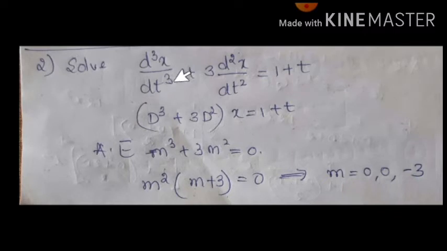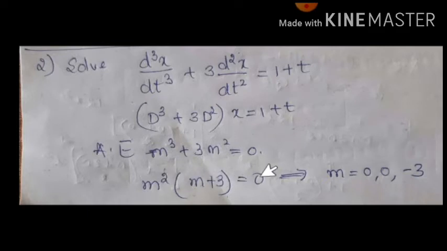Write the differential equation using the differential operator, where we used to take y common, here x will be common. Write the auxiliary equation, this bracket term, in terms of m and equate it to 0. You observe that you can take m square common, left out is m plus 3 equal to 0.